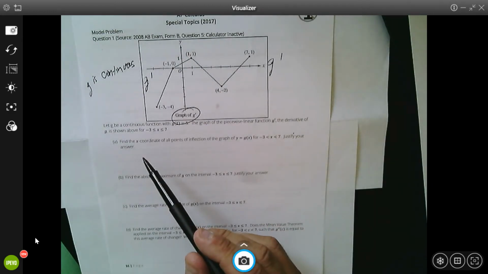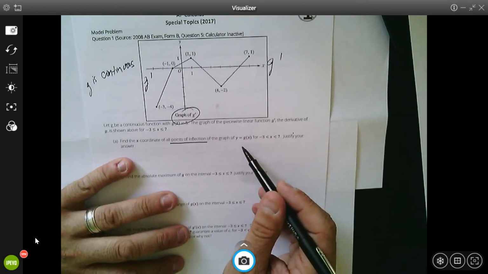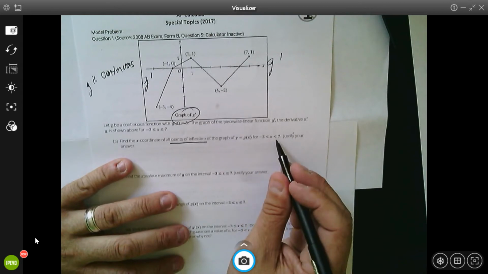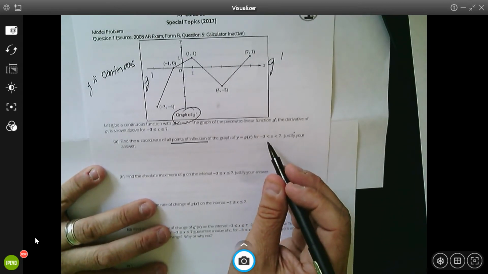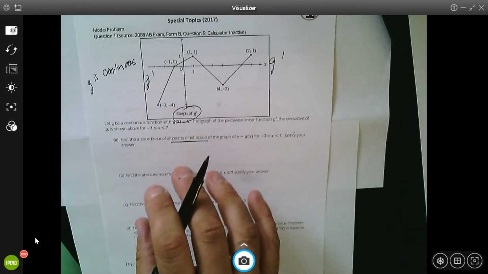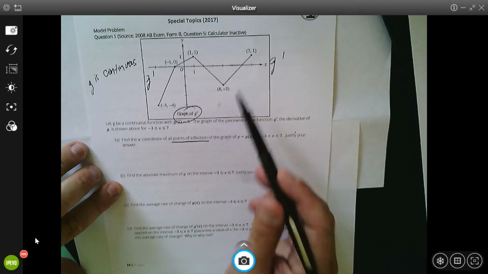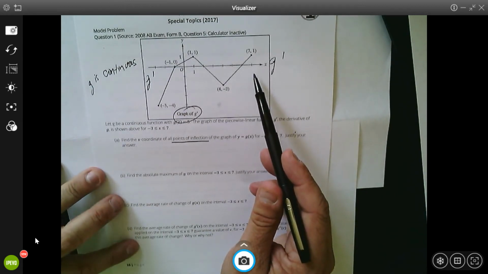Find the x-coordinate for all points of inflection of the graph of y equals g of x on this interval -3 to 7, and justify your answer. When you're working with questions like this, you must make sure that your justifications go back to the graph of g prime.